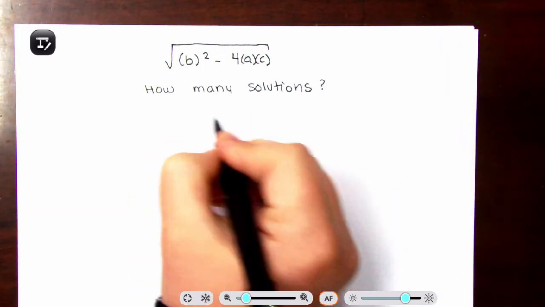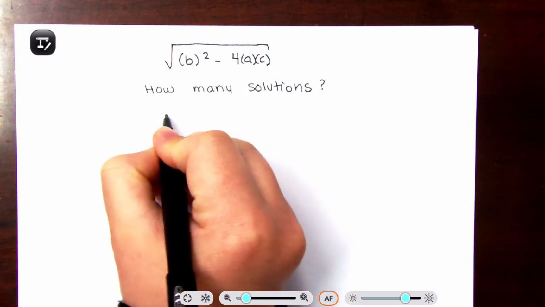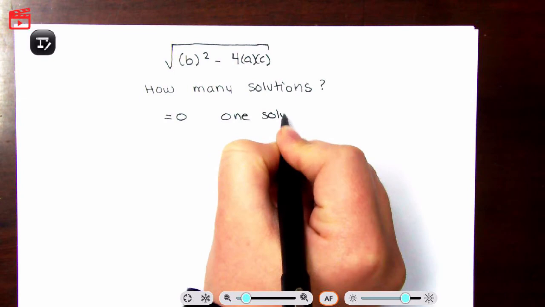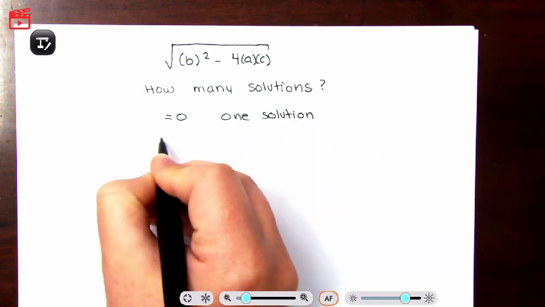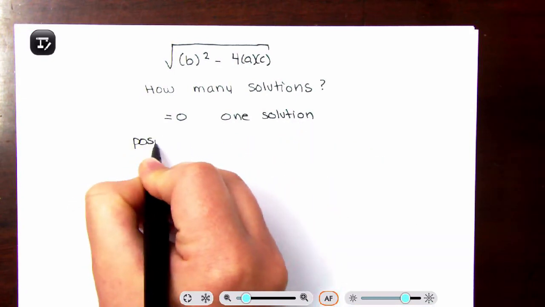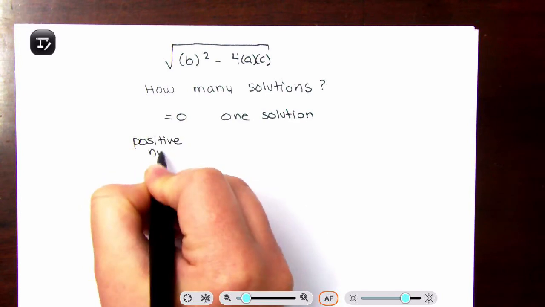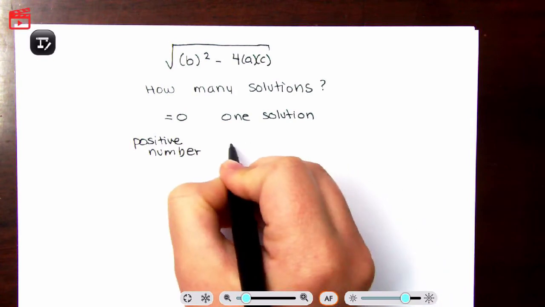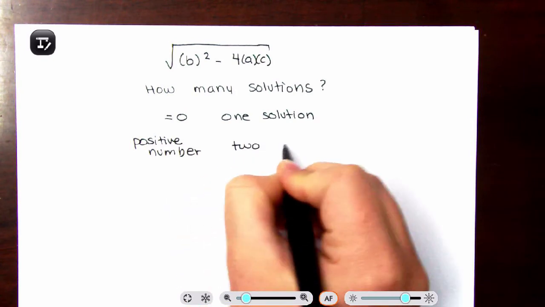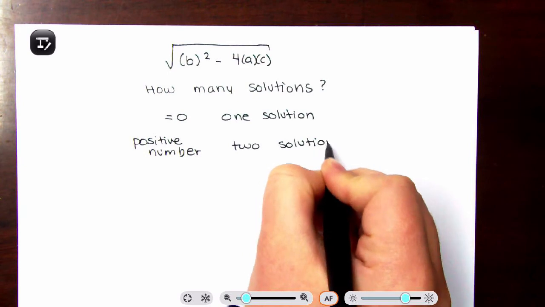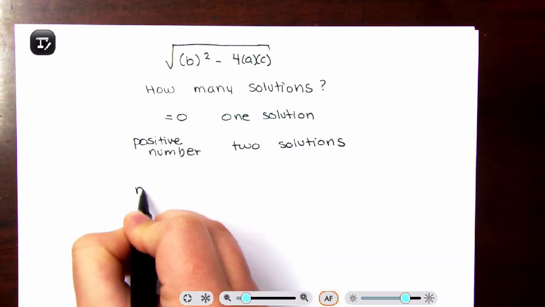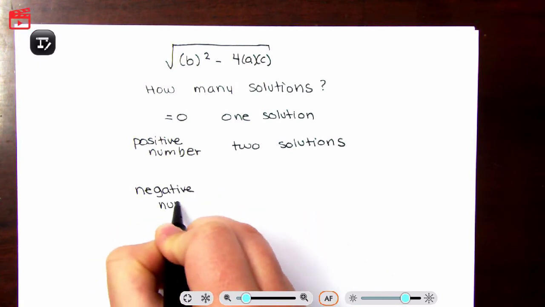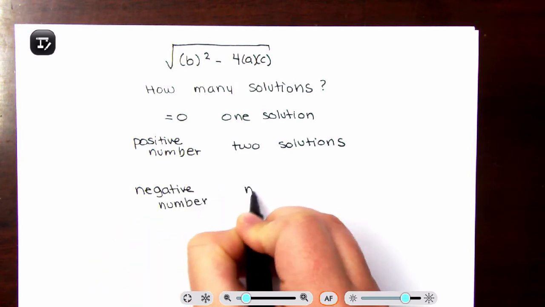If this equals 0, that means you have one solution. If this is a positive number, then that equals 2 solutions. And if it equals a negative number, that equals no solutions.